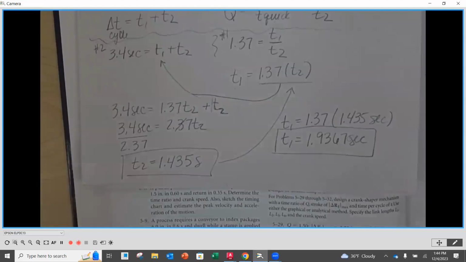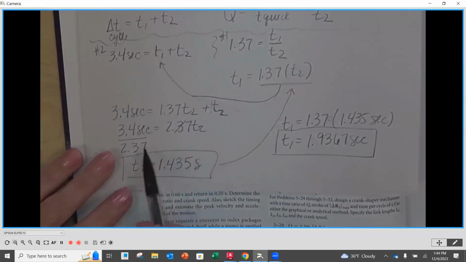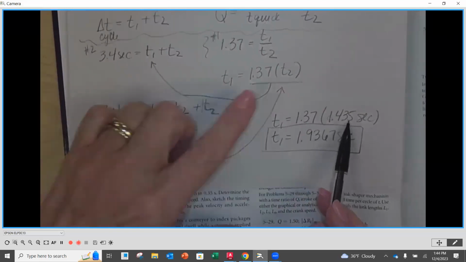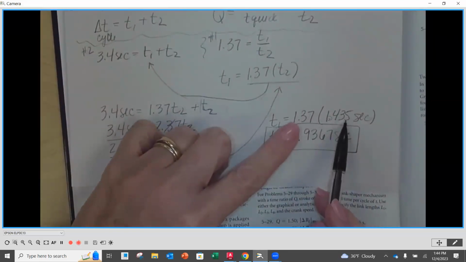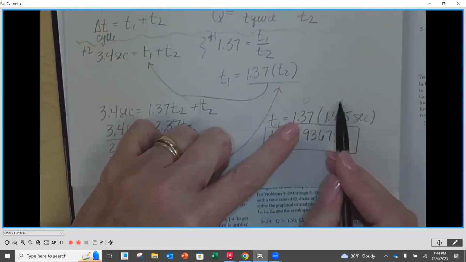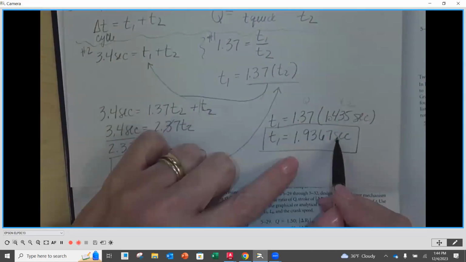So it sounds like you're on the right track. It's just like a straight multiplication, correct? Mm-hmm. Yep. Yeah, because we calculated T2, and then we substituted it in right here, multiplied it by 1.37, which was the Q. Okay, this was Q. This was T2. Yep. And then that number there.